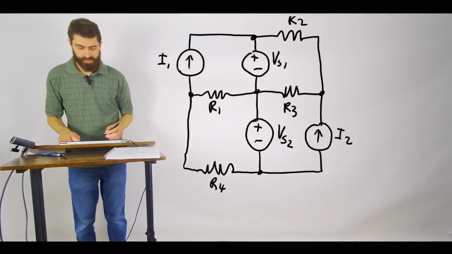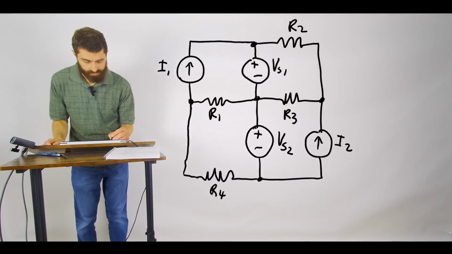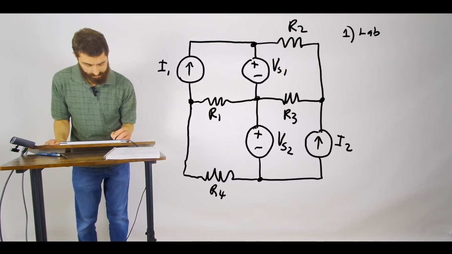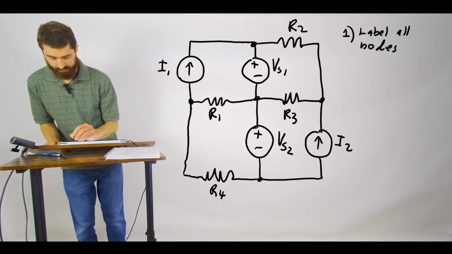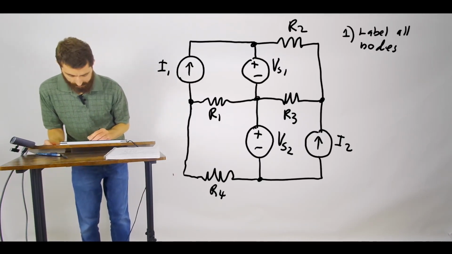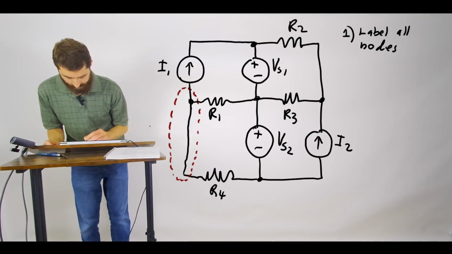So step one is label all nodes. Okay, so we can label this as node 1.